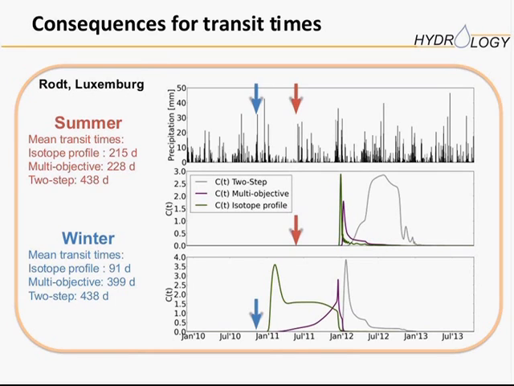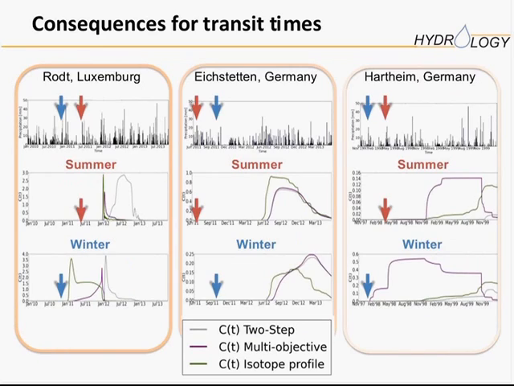So you see, first of all, there are quite big differences in transit times between the models, but certainly, as you may know, also depending on the time of the application. So that's the dynamic transit time we may see. Here again, the comparison for all different sites, and again, the differences are more or less pronounced, depending on the site and depending on the time of the application.